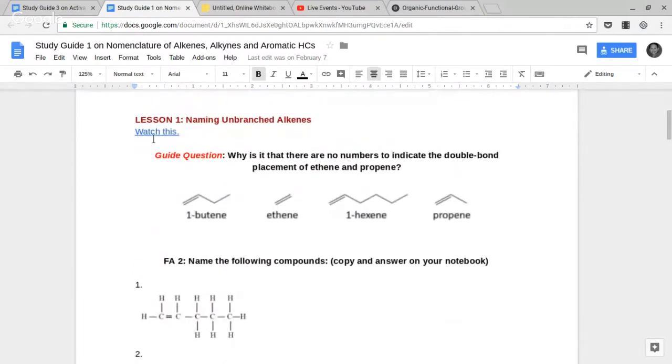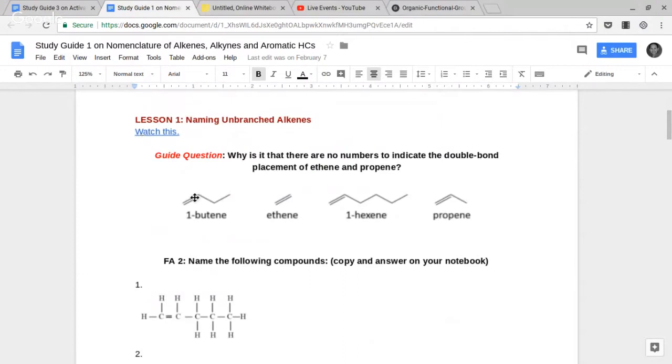I've already discussed in one of the videos how to name your unbranched alkenes. This time, the addition is you need to have a number where the double bond is located. Remember, in the alkanes, we did not number the parent. But in your alkenes and alkynes, your parent has to have the presence of your double and triple bonds.